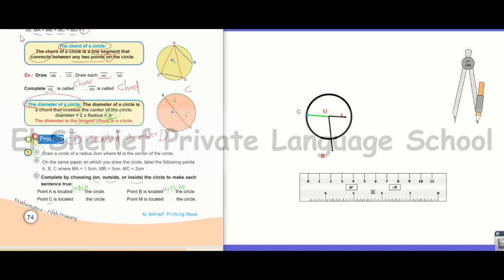Point C is on the circle. Point M, this is the center, means this is inside the circle. So we learned how to draw the circle. We must open our compass equal to the radius, then put the metal tip on the center, then draw the circle.